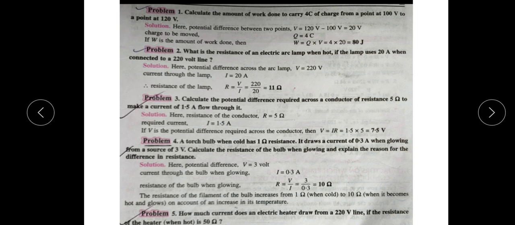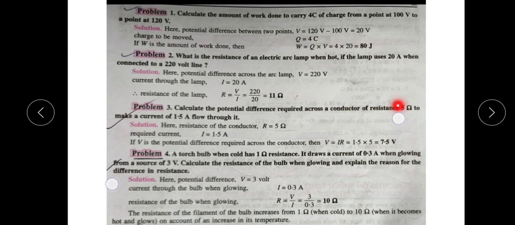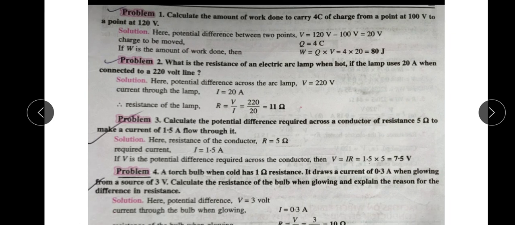Calculate the amount of work done to carry 4 coulomb of charge from a point at 100 volt to a point at 120 volt. Okay, so here the charge is given and the potential is given.